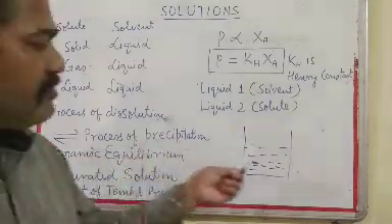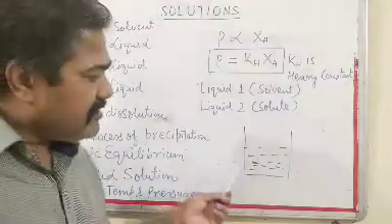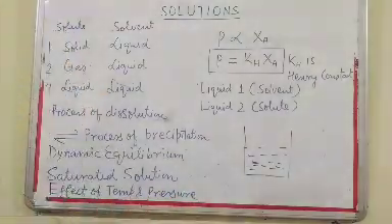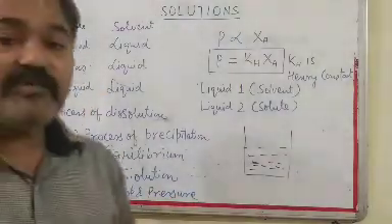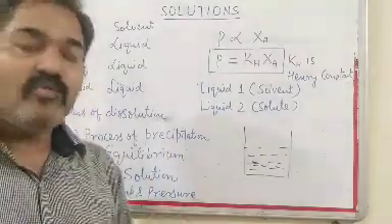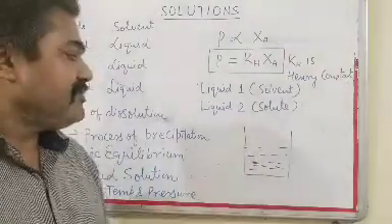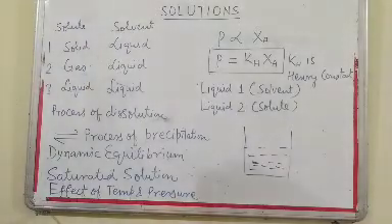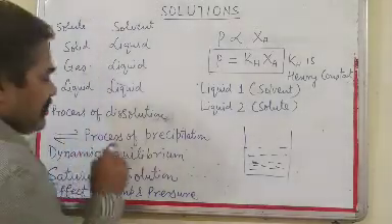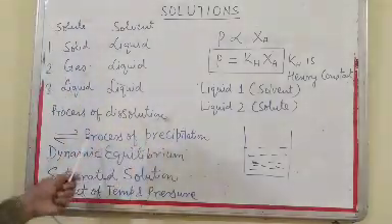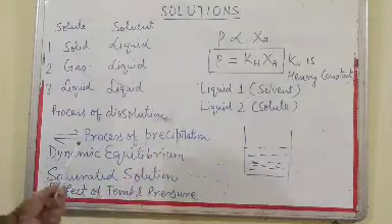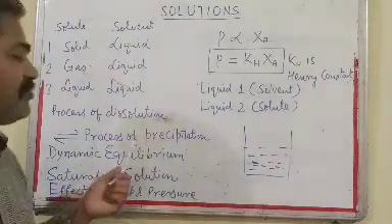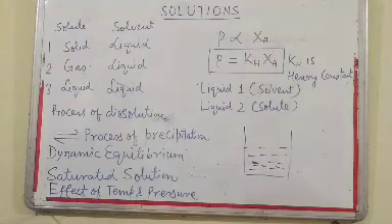Again, after stirring, it will dissolve in the solvent, but this time it will take some more time in the dissolution. Why? Because now another process also starts, a reverse process, known as the process of precipitation.